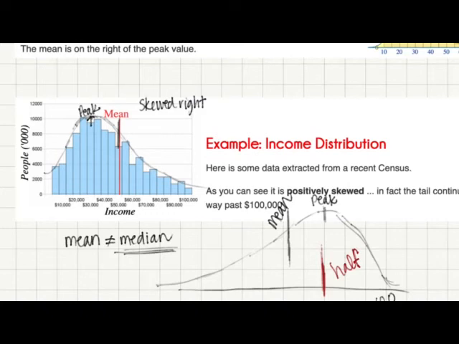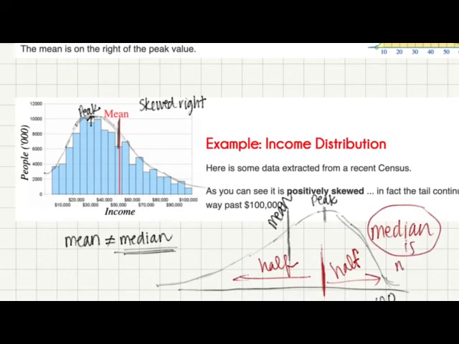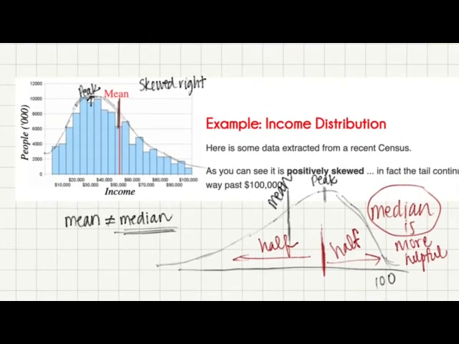So half our data is above the median, half the data is below the median. And the mean is going to fall in the lower half when we're skewed to the left. So when we have this data that's skewed to the left, we want the median score. The median is more helpful. So the median is a more reliable calculation than the mean is whenever we have skewed data.